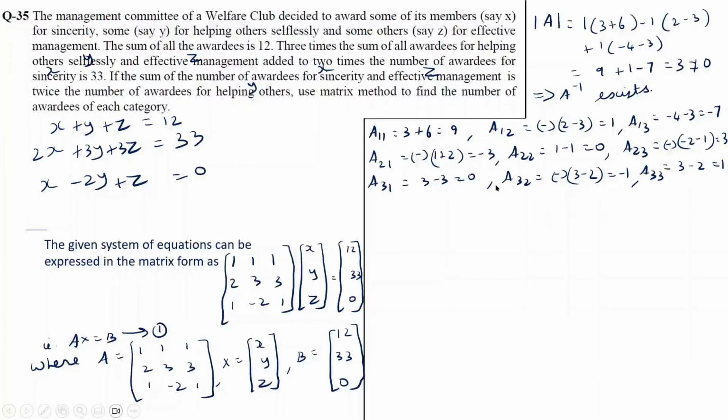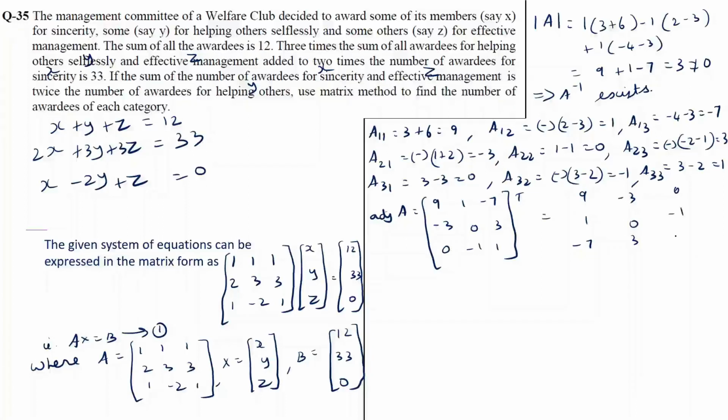Now, the adjoint of A is the transpose of the cofactor matrix. So the adjoint of A is the transpose of the matrix 9, 1, minus 7, minus 3, 0, 3, 0, minus 1, 1. So it is 9, minus 3, 0, 1, 0, minus 1, minus 7, 3, 1.